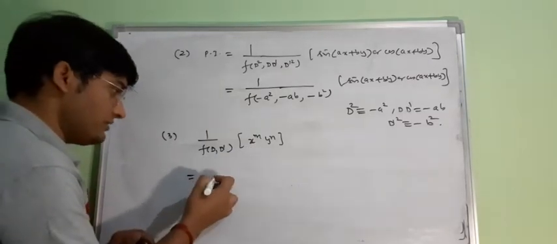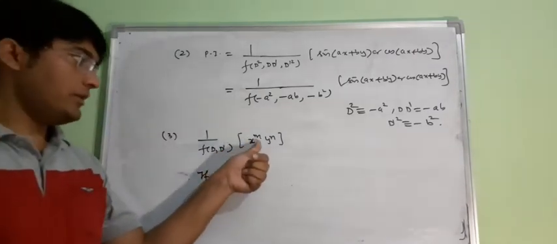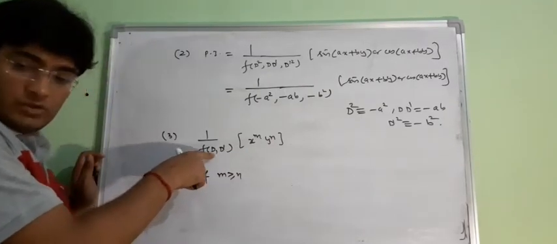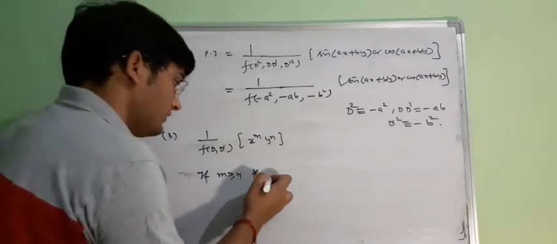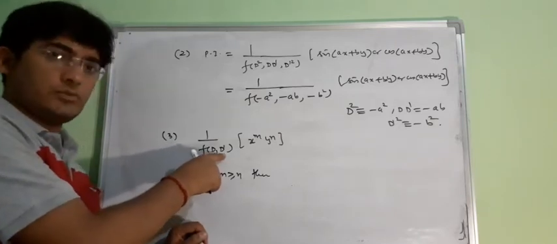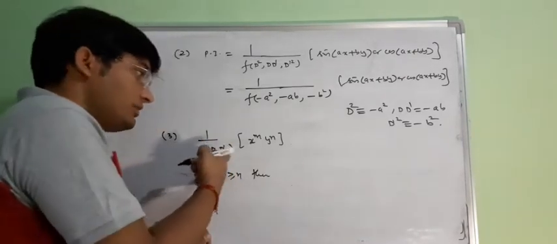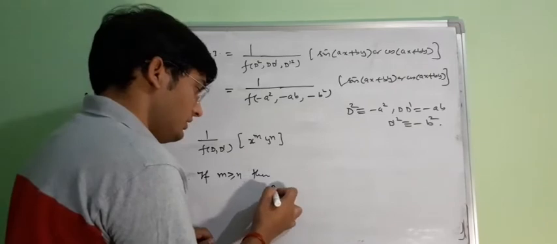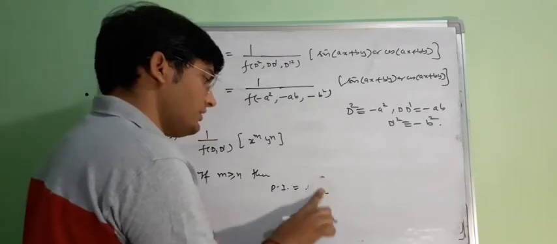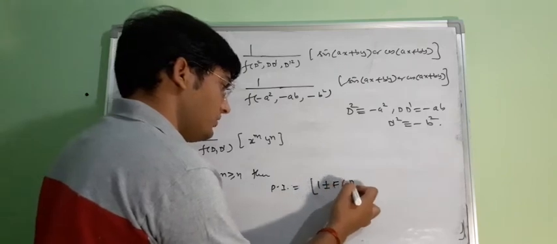Now this can be written as, if our m is greater than or equal to n, then we will take D common, and then here we will get some function of D dash upon D. Now if the function is of the type D dash upon D, then we will take this term in the numerator, so then the particular integral will be 1 upon D to the power, some function of D dash upon D.